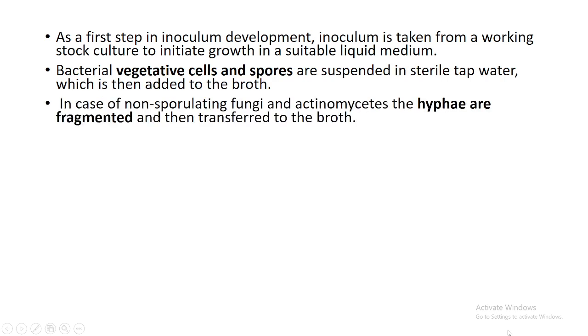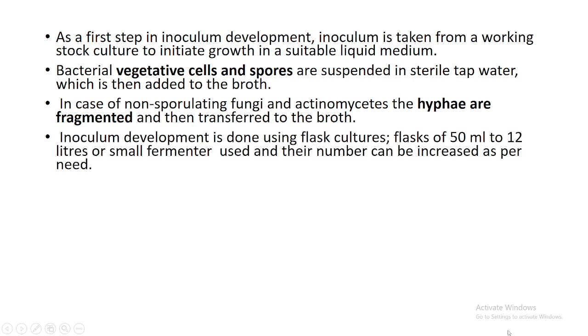If it is vegetative cells of bacteria or spores, you can do it in the sterile tap water. Or if it is a non-sporulating fungi or actinomycetes, what we do is we take the hyphae of these organisms, fragment it, break it into small pieces, and then transfer it into the broth. So from the stock culture, you will be adding it to broth.